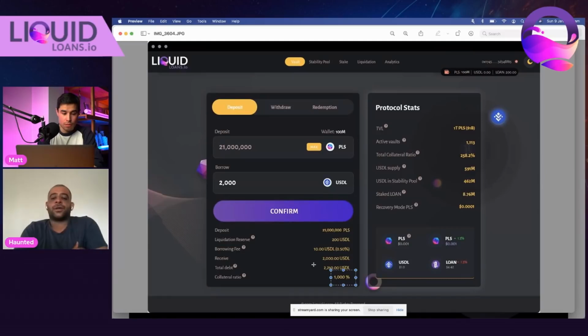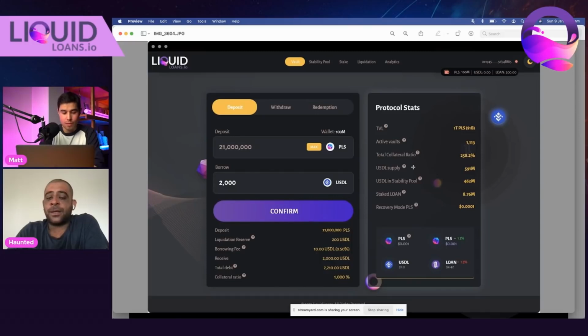Correct. And what other strategies there are out there is, say you were doing 1,000% collateral to buy Pulse, but you wanted to take another 10%, which takes you to a 500% collateral, and just put that into the stability pool. That way you can earn the loan token.